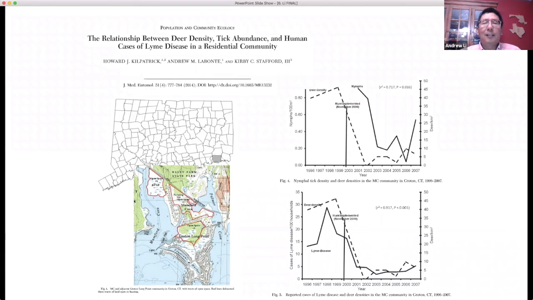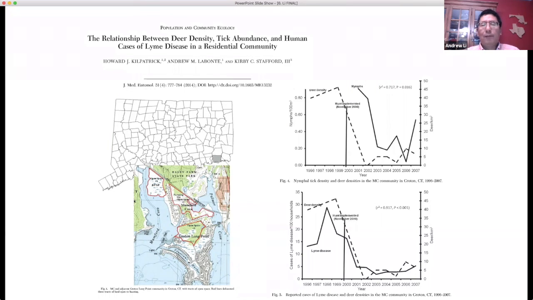This study was done in Connecticut. They analyzed 14 years of data. They also implemented a managed hunt to reduce the deer population dramatically.